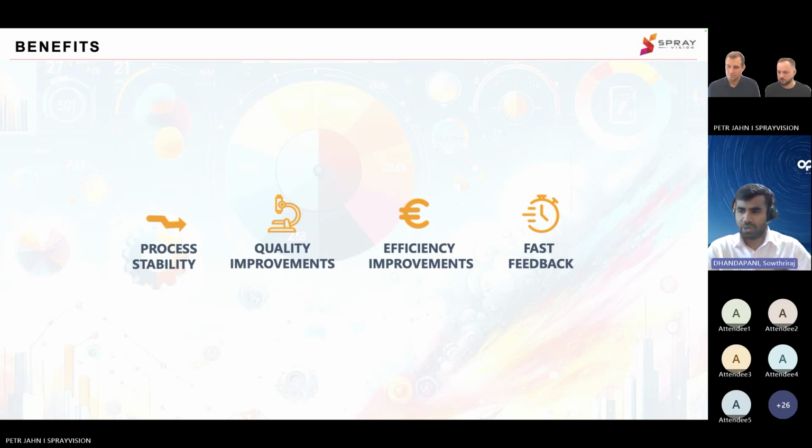We have been working with SprayVision since 2020, and at the initial stage, even I didn't believe too much in the system, and I wanted to try again and so on. This was the challenge. But once we started to learn and noticed it's working, it's not a challenge anymore because we see it.